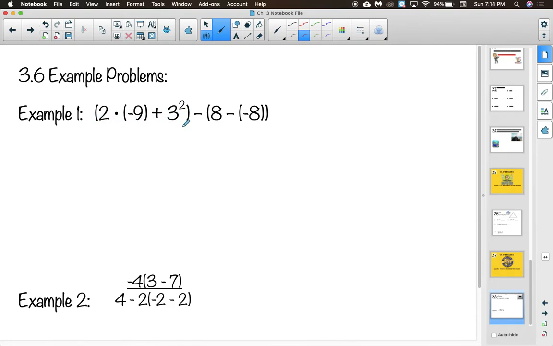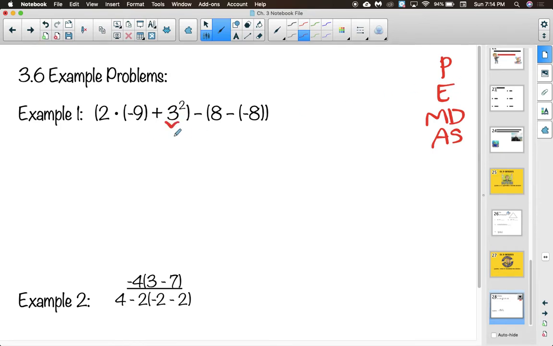Inside this set of parentheses, we have a couple things going on. We have multiplication, we have addition, and we have an exponent. So if I remember my rules correctly, it's parentheses, exponents, multiplication and division from left to right, adding and subtracting from left to right. So we have to tackle our parentheses first, and inside that set of parentheses I have an exponent.